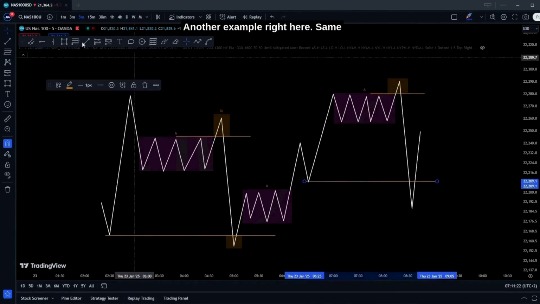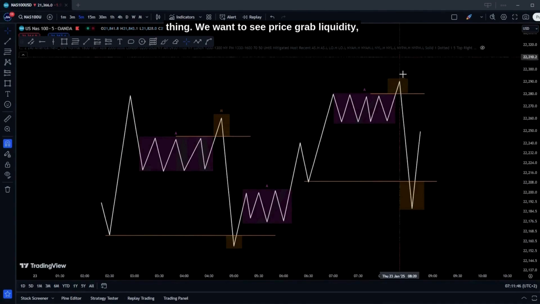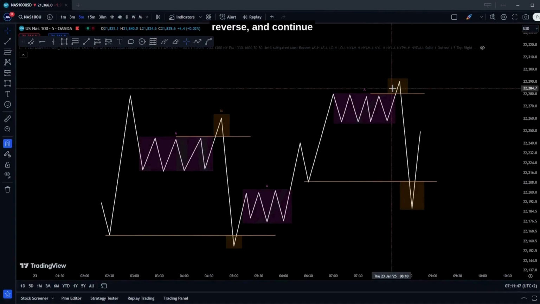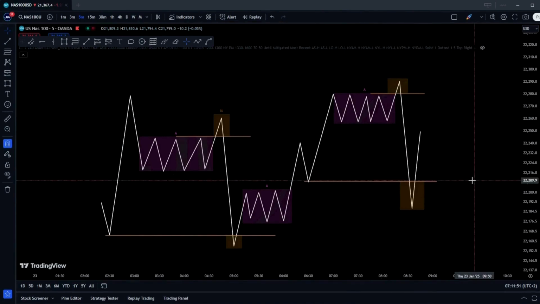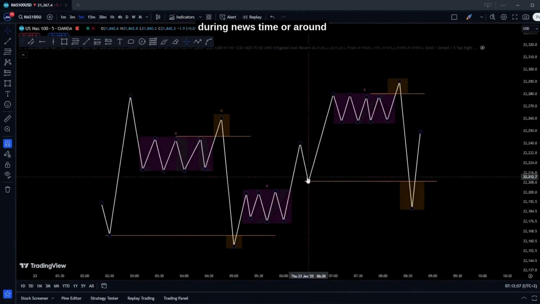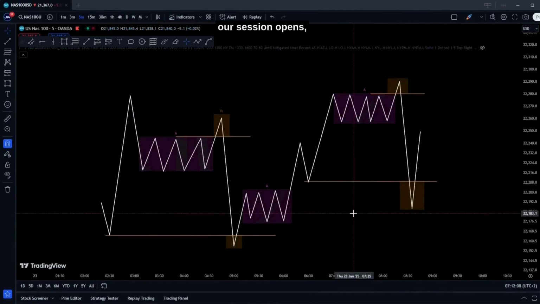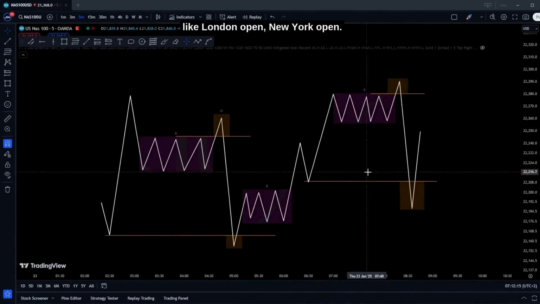Another example right here, same thing. We want to see price grab liquidity, reverse, and continue the overall direction. And you'll find these manipulations usually during news time or around our session opens, like London Open, New York Open.